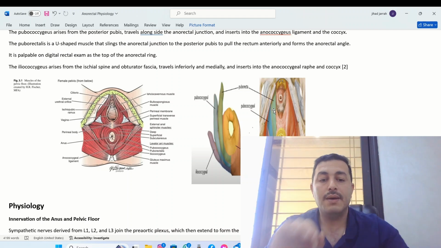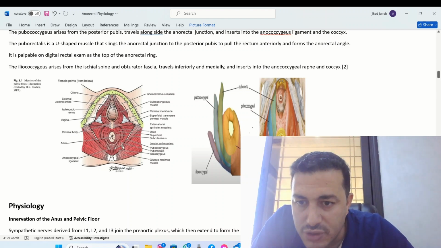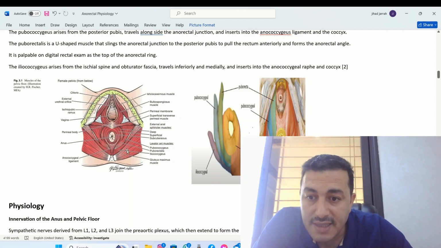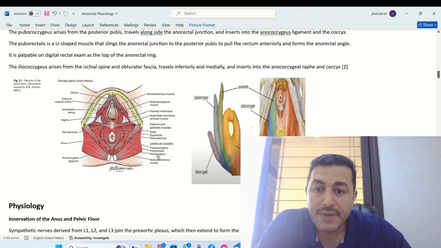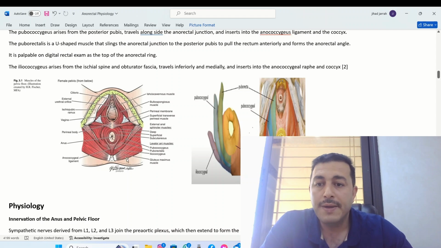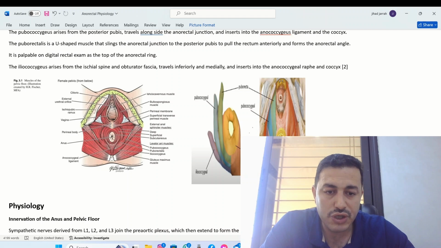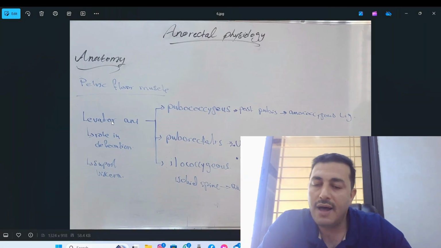So we have three pelvic muscles, as we said. You can see the levator ani muscle or the pelvic floor muscle: the pubococcygeus, the puborectalis, and the iliococcygeus. Do we have other pelvic floor muscles? Yes, we have the perineal muscle, I think the superficial transverse perineal muscle, but we are talking about the anatomy that will help us in understanding anorectal physiology.